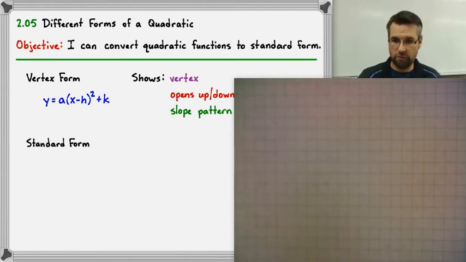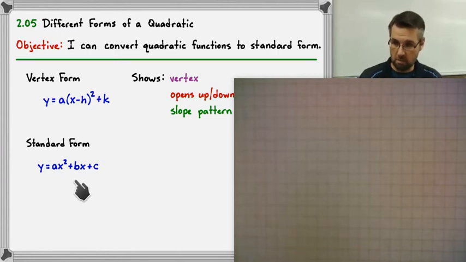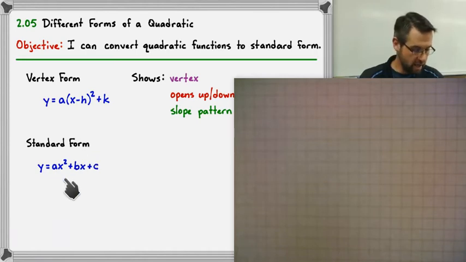Then we have standard form. Standard form is y equals ax squared plus bx plus c. And we actually talked about standard form of polynomials in the first unit. So when we were talking about multiplying polynomials, adding, subtracting, all of that, this is where that will come in handy, okay? So ax squared plus bx plus c. And what does it show?